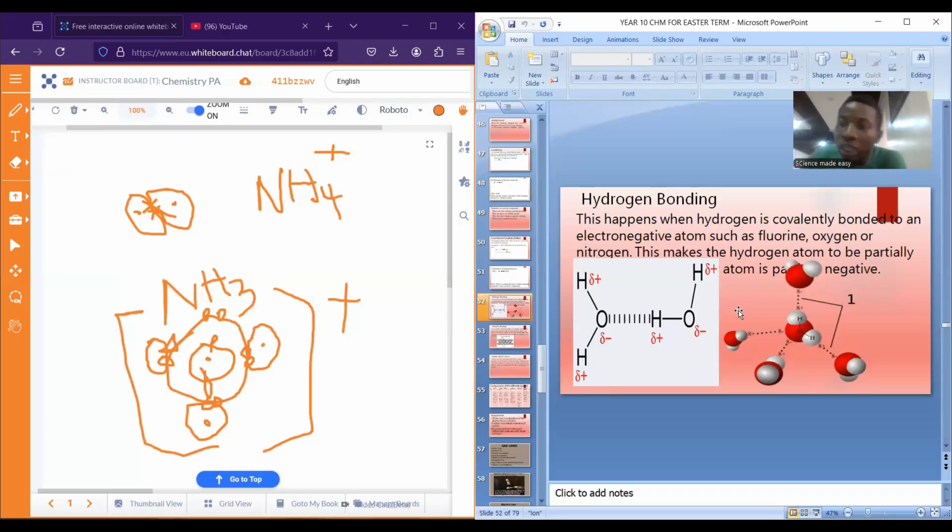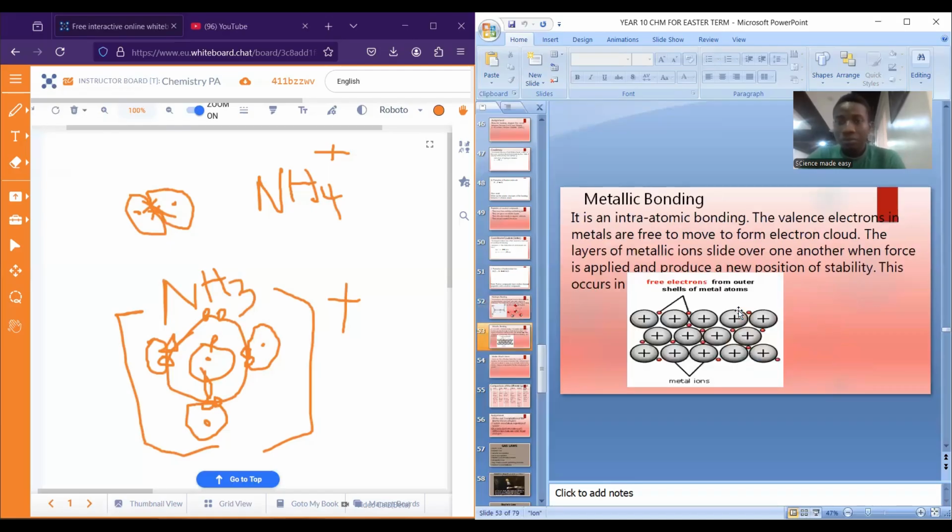But oxygen is more electronegative than nitrogen, because the periodic table tells us electronegativity increases across the period. Nitrogen and oxygen belong to the same period, but nitrogen comes before oxygen. That means oxygen is more electronegative than nitrogen. So the hydrogen bonding in water is stronger than that of ammonia. So the strength of hydrogen bonding depends on the electronegativity of the electronegative atom.